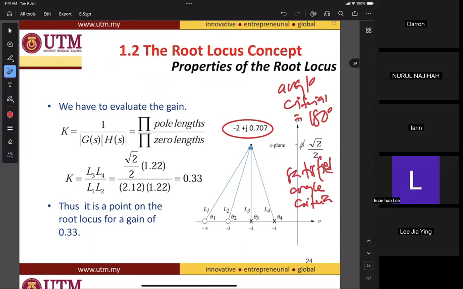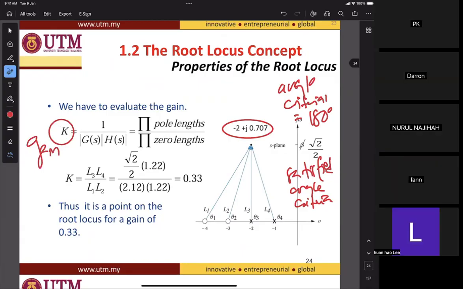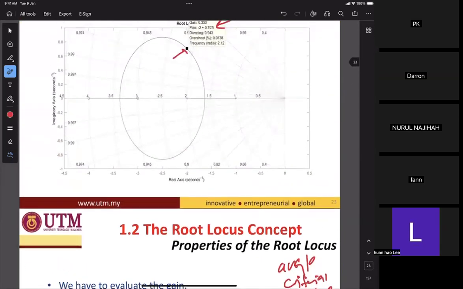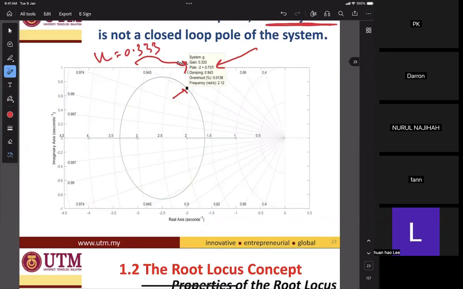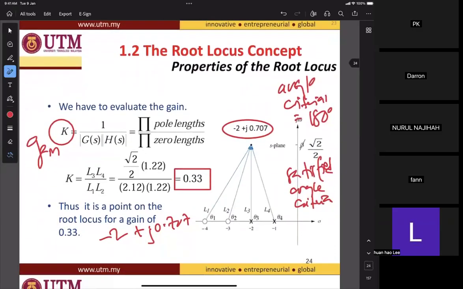Then we calculate the gain K, 1 over GSHS, using the formula, and you will get 0.33. So minus 2 plus J 0.707 is on the root locus, proved by the simulation. The gain there is 0.33 and the closed loop pole is minus 2 plus J 0.707.